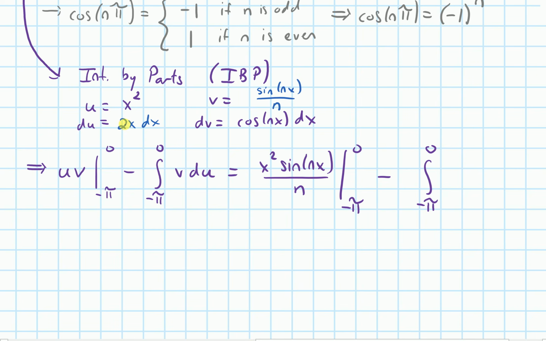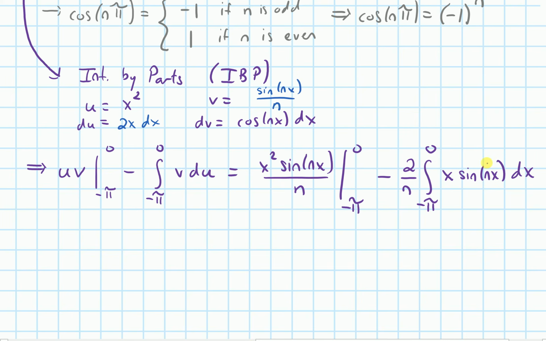When we multiply the v and the du together, some of these terms are constants. This 2 is a constant, so I can move that to the front. And this n in the denominator of sine of nx is a constant, so I can move that to the front too. Inside the integral, we will still have x and sine of nx. So we did integration by parts: we have this uv term at the front, and then minus the integral of v du.